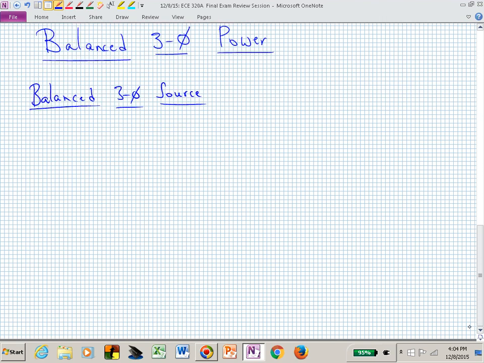And it's delivering power to the following loads. Suppose that you now have load 1, which is 24 kilowatts at 0.6 lagging power factor.